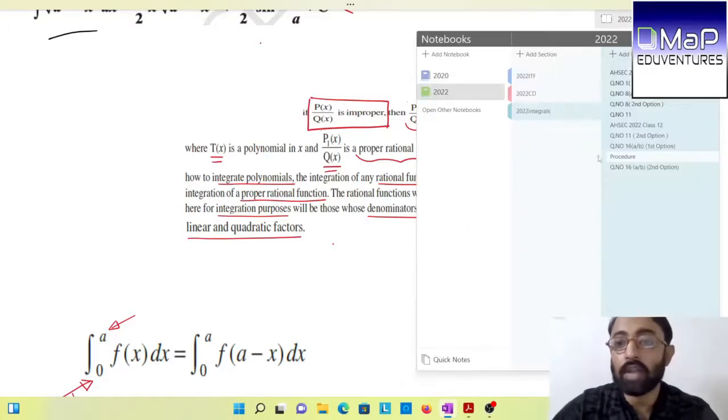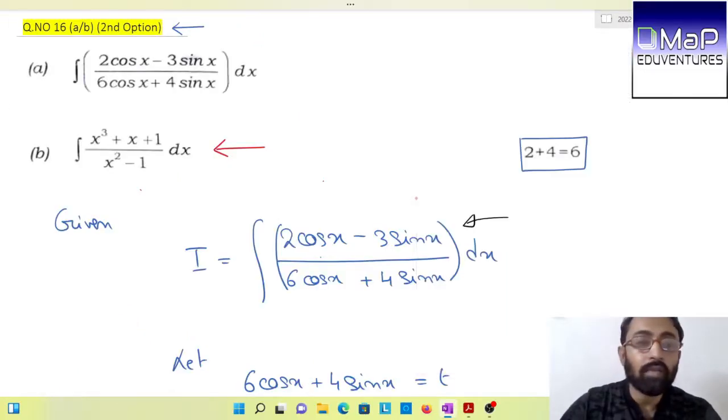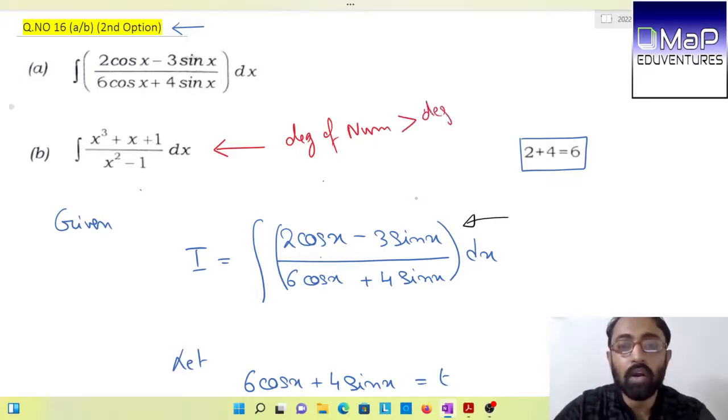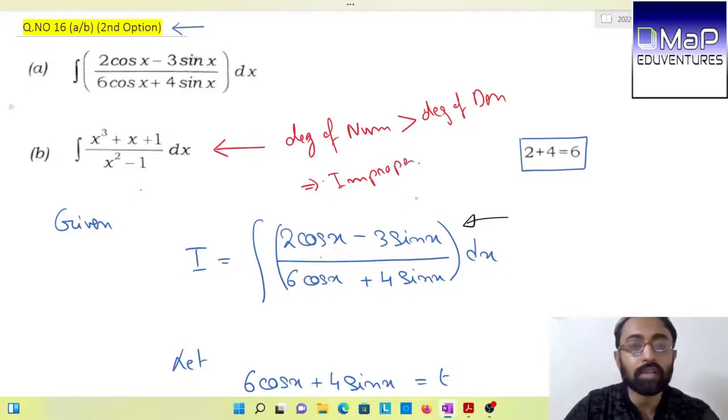Now what does this mean, I have explained. Now if you observe, first of all, the degree of numerator is greater than the degree of denominator. That makes it an improper rational fraction.